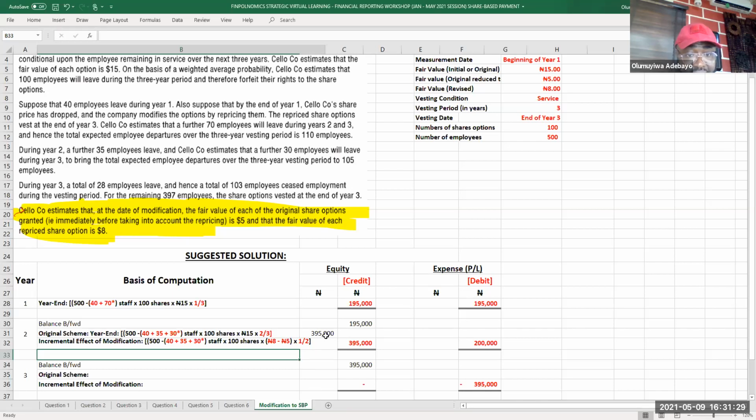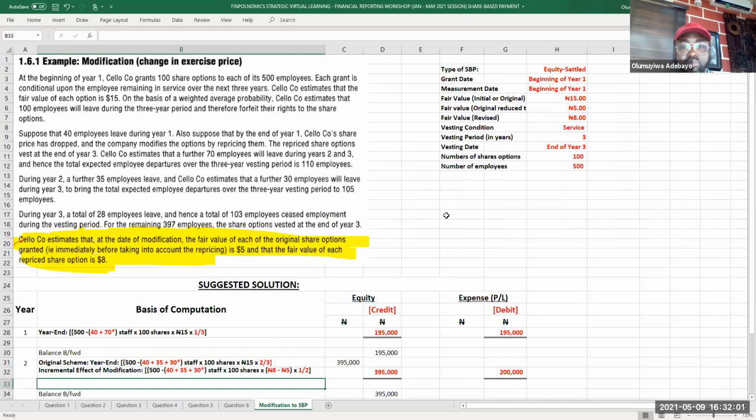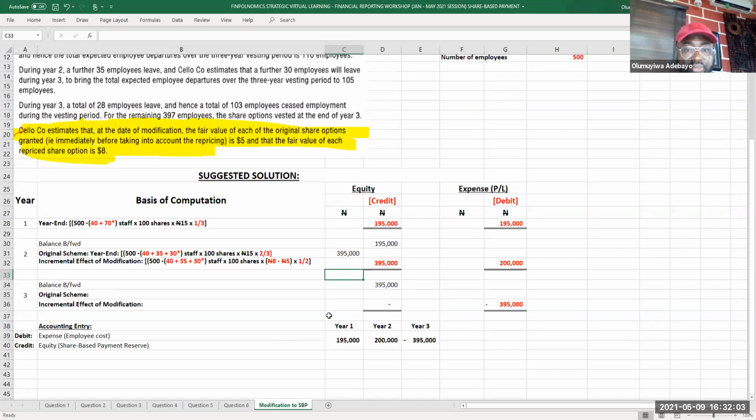Now, let me put my formula in. I copy this. My Excel model is acting up. It's not allowing me to click, right? Okay.